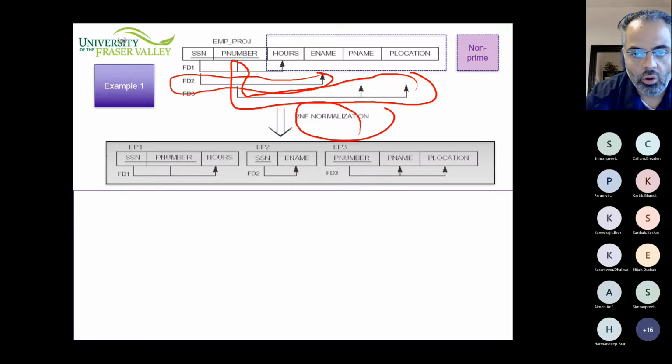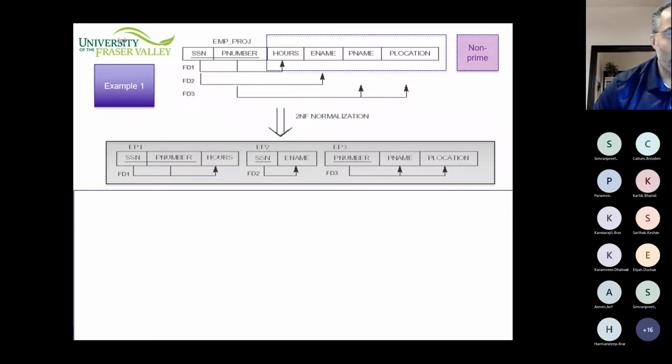Now FD2 and FD3 violate second normalization. Why? Second normalization says that all non-primary attributes should be fully functionally dependent on the primary key, which means they should depend on the whole primary key or candidate key, not a part of it.